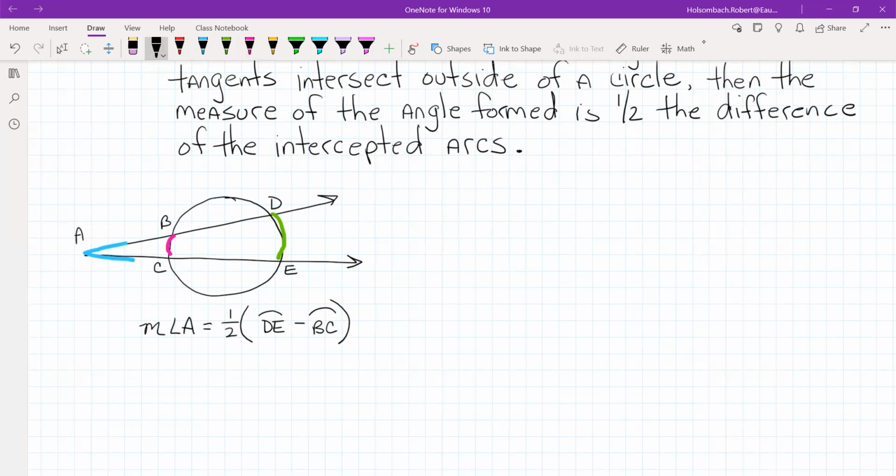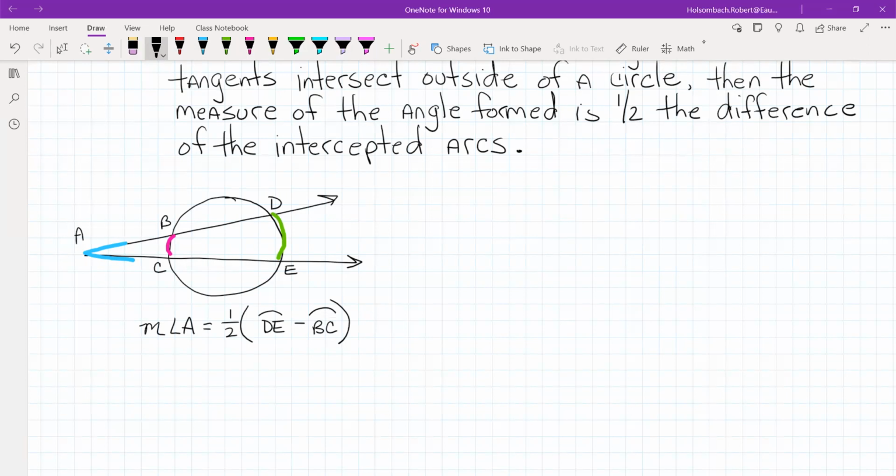Because if you don't do big arc minus little arc, you'll get a negative in the parentheses. And then you'll take 1/2 of a negative and you'll have a negative angle measure. And we haven't covered that. We don't have angle measures yet. Okay? So this angle formed is equal to 1/2 of the big arc minus the little arc.